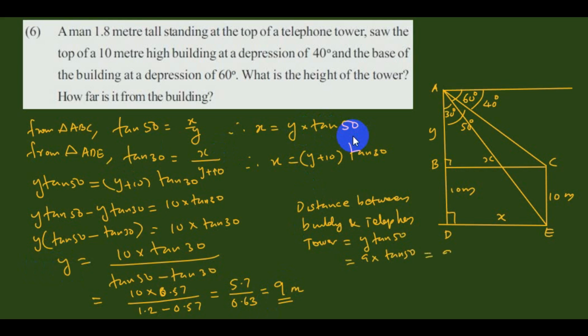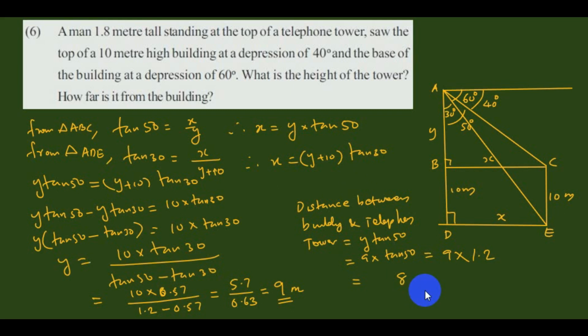That's equal to 9 into, what about tan 50? We just found it is 1.2. 9 into 1.2. That's equal to 9 into 2, 18, then 9 into 1, 9 plus.